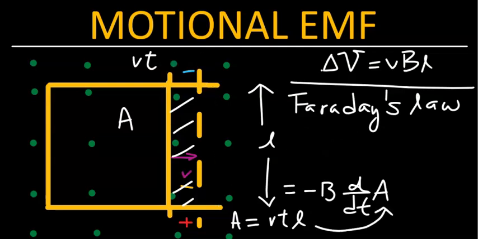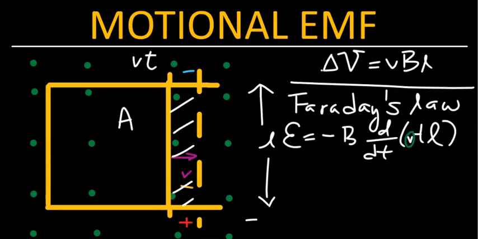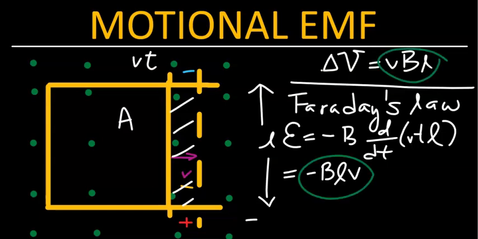Substituting this A in here, we get the EMF to be minus B d/dt of vtL. v and L can be taken out of the derivative sign, giving the result minus BLv, because d/dt of t is 1. Now you see these two terms agree. Of course you have a negative sign here, and the reason you have a negative sign is because of the convention in the definition of Faraday's law.